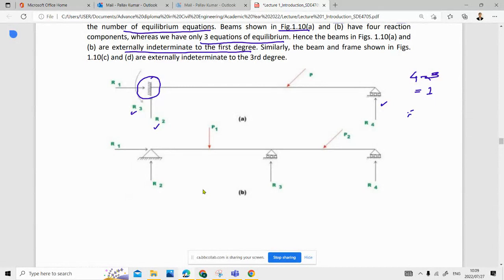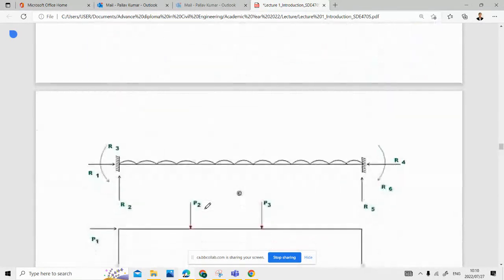Similarly, they have shown another figure 1.10 C and D that are externally indeterminate to the third degree. That is how we generally find it out.